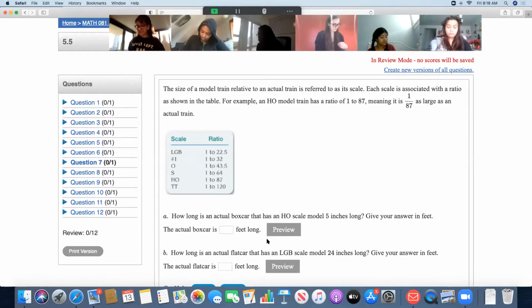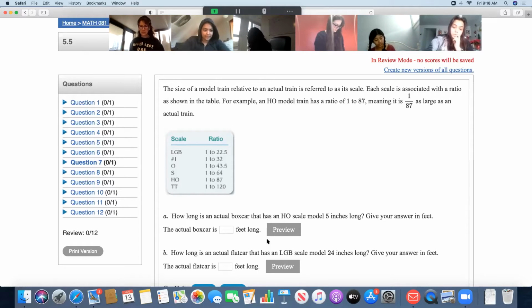So the size of the train relative to an actual train is referred to as a scale. Each scale is associated with a ratio. So for instance, the HO model, I'm going to write that down, is 1 to 87, or 1 over 87.